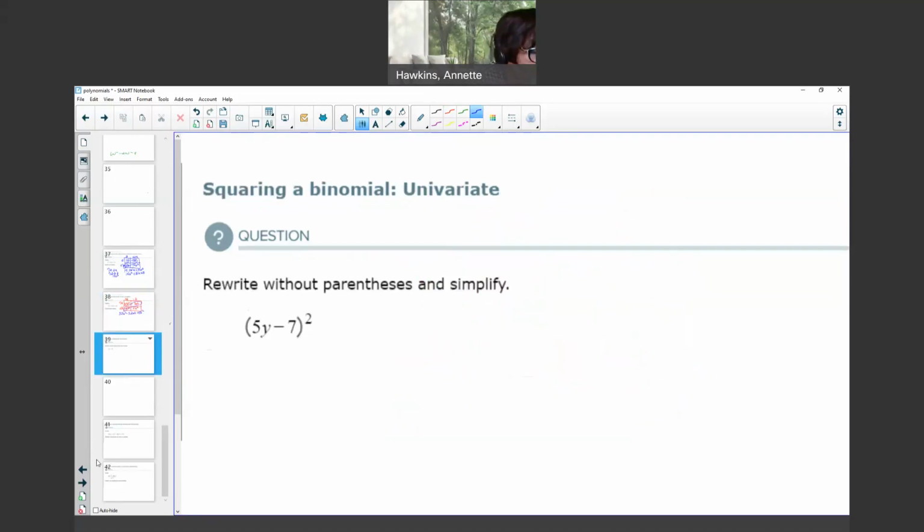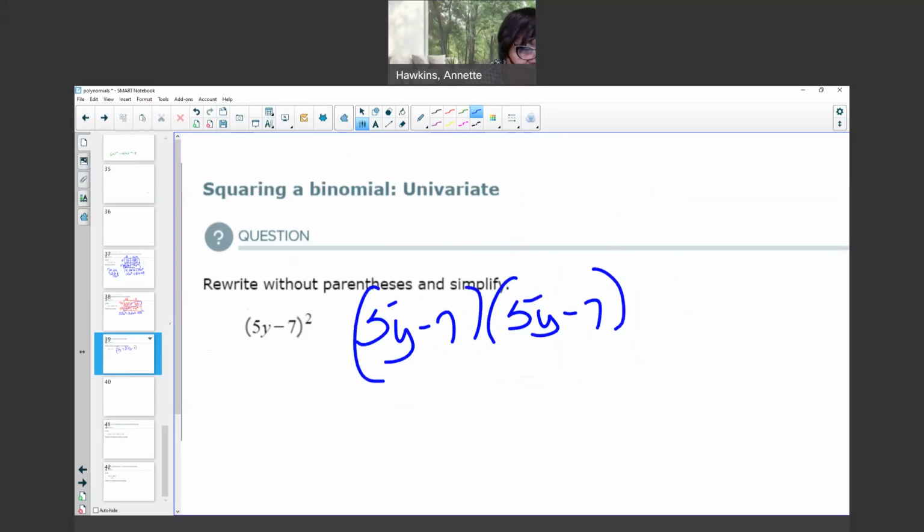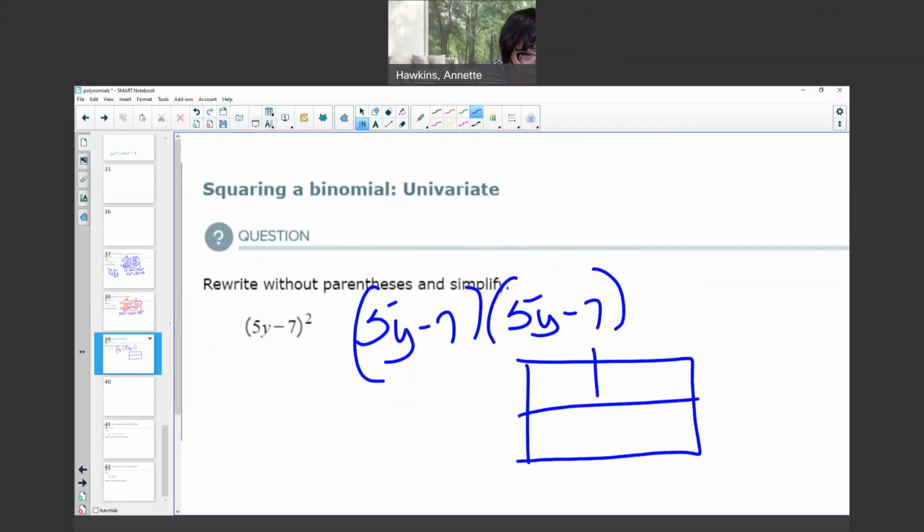Now, this means that you do this twice. It doesn't mean 2 times 5a. It means you do it twice. So 5y negative 7, 5y negative 7. 5y times 5y is 25y squared. 5y times negative 7, negative 35y.